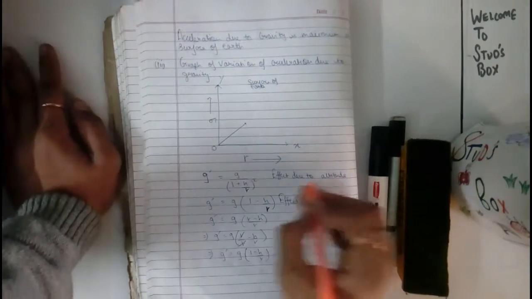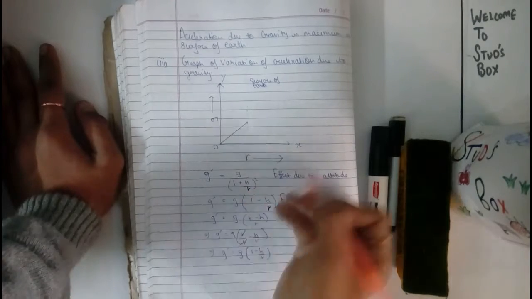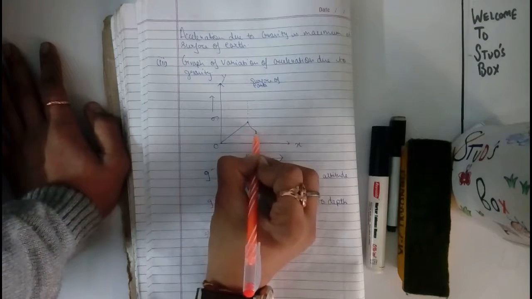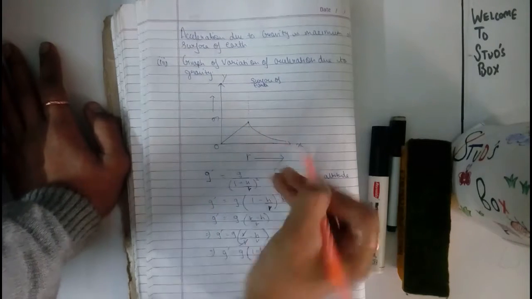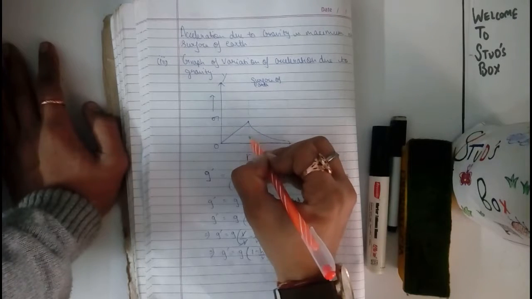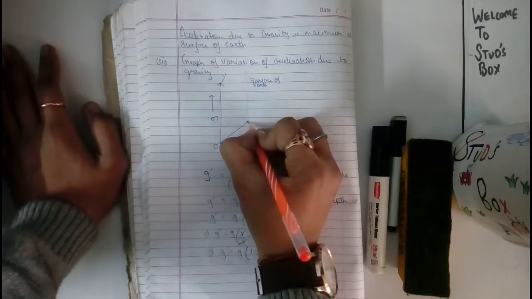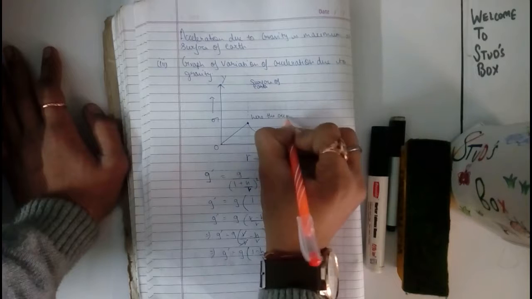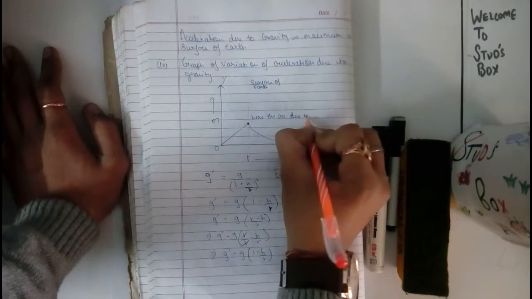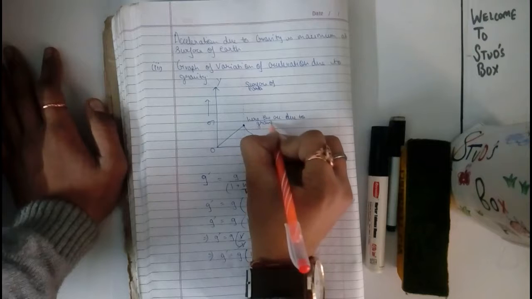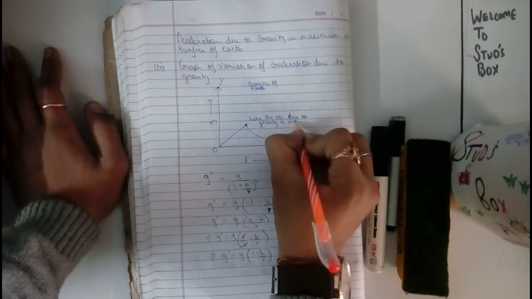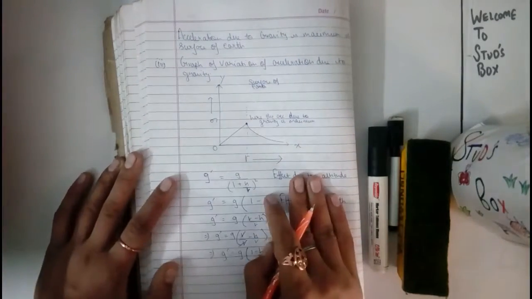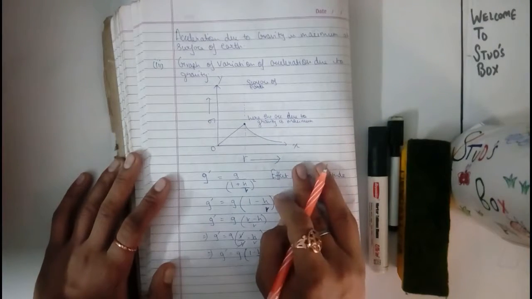Now the effect due to altitude is inverse square, so it will be a hyperbola like this. As you can see in the figure, at this point the acceleration due to gravity is maximum. So this is how the graph of variation of acceleration due to gravity looks.